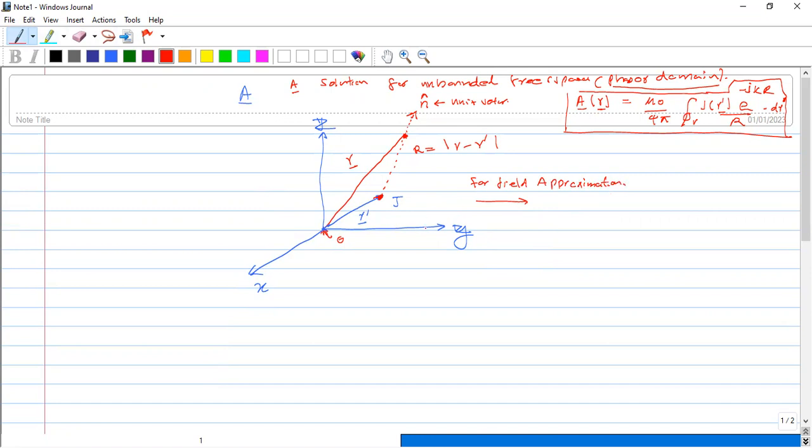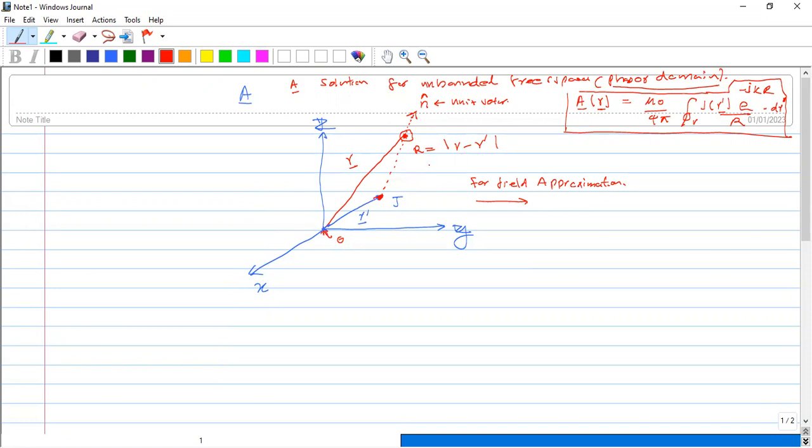So what is that? The far field approximation means the position where we consider the magnetic vector potential is very far away from the current distribution.